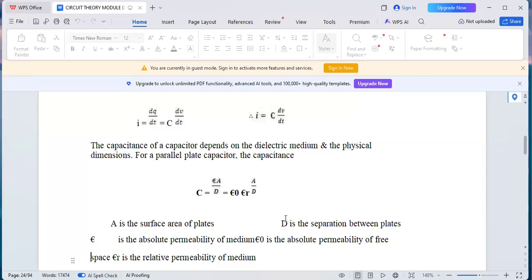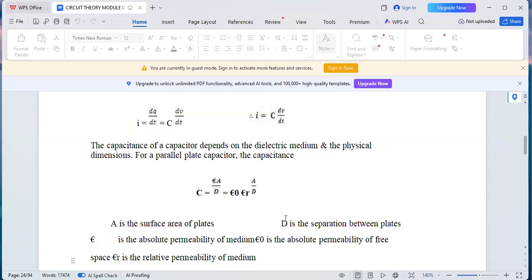Then d is the separation between the plates, the dielectric material. And epsilon naught is the absolute permittivity of free space.